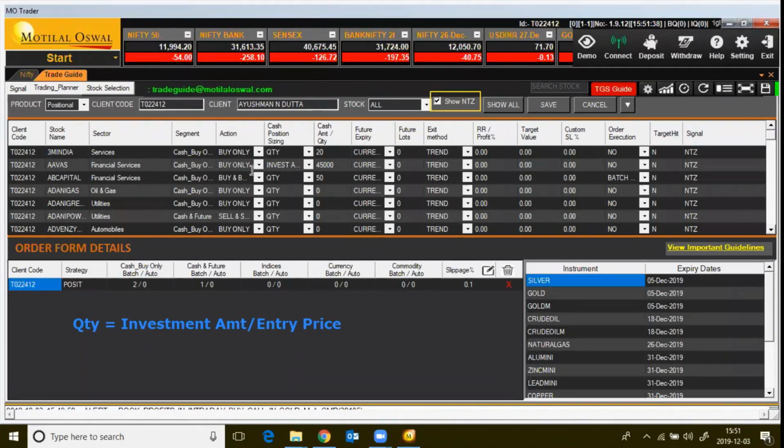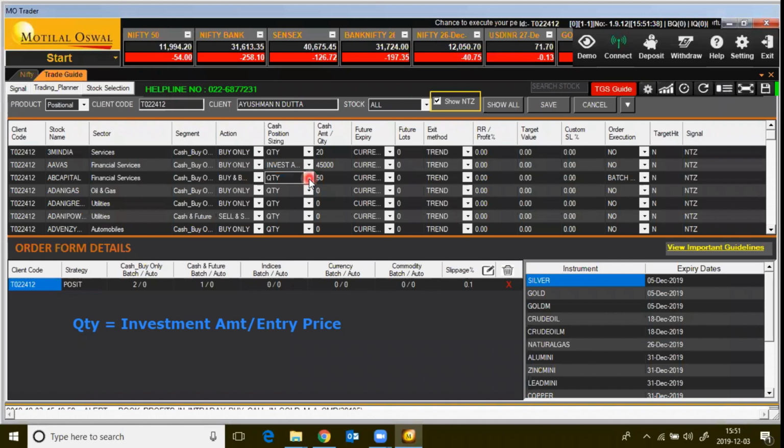The second is your risk amount. Suppose you are putting a risk amount, let's put any risk amount right here, say 70,000. On the basis of that, whenever the signal gets generated, the quantity will be calculated with the same kind of formula.